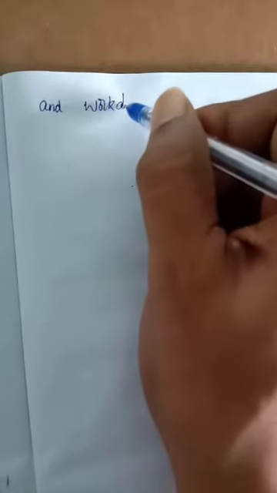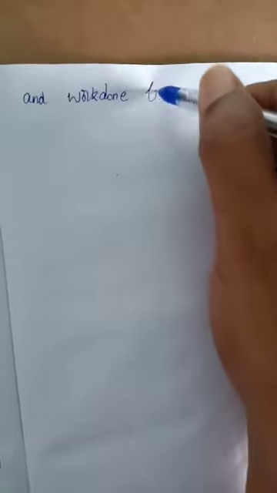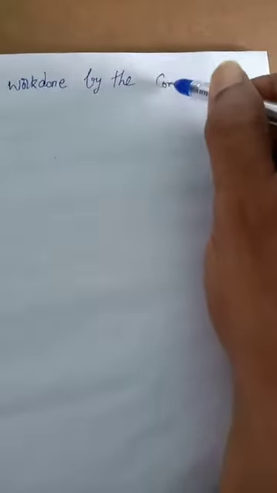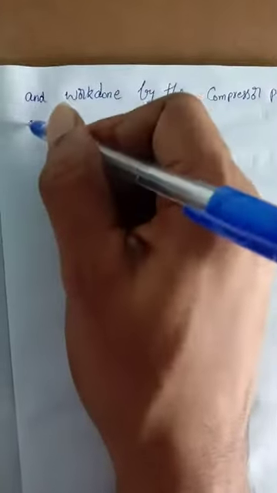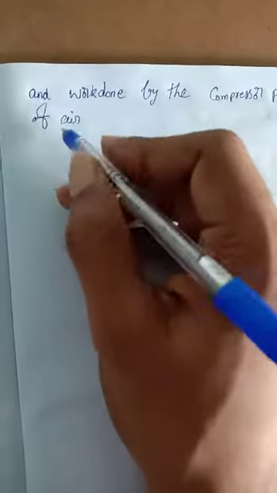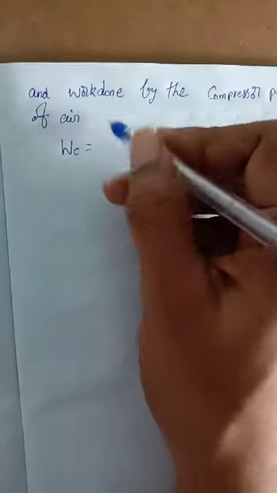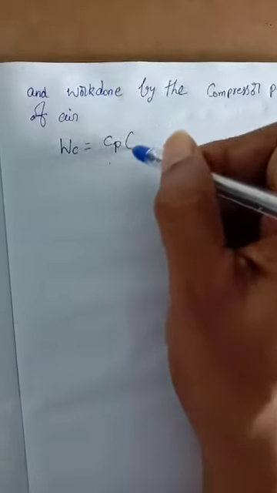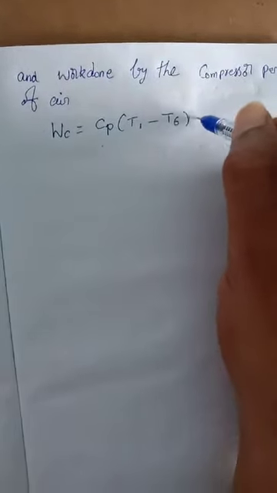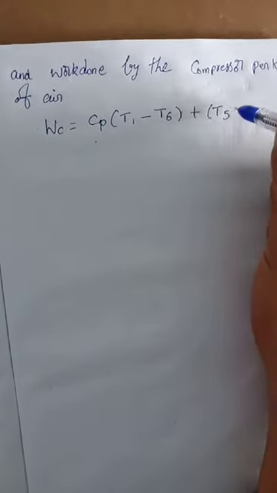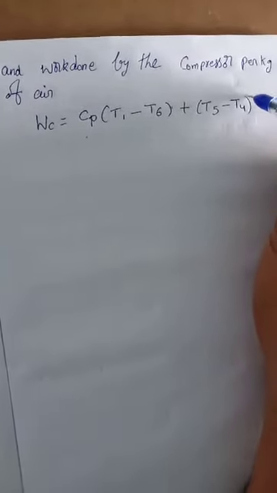And work done by the compressor per kg of air, that is called Wc, is equal to Cp into (T1 minus T6 plus T5 minus T4).